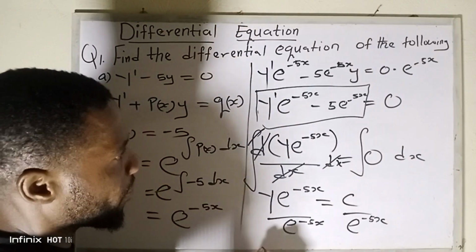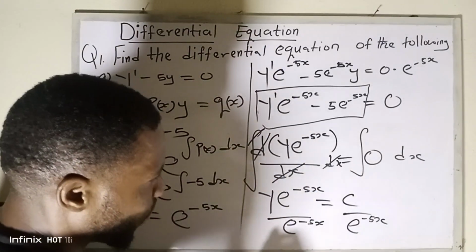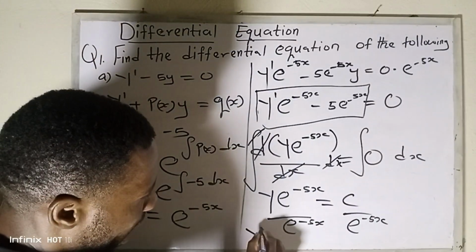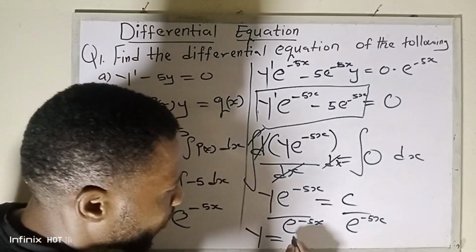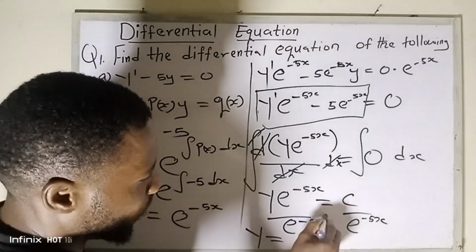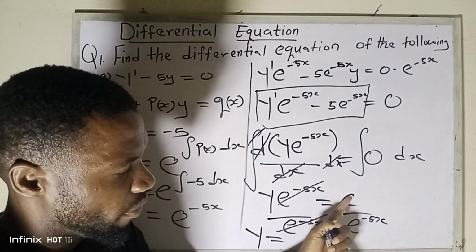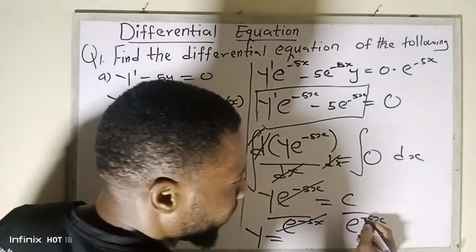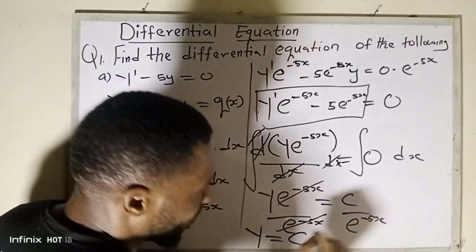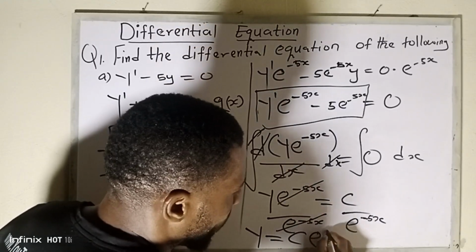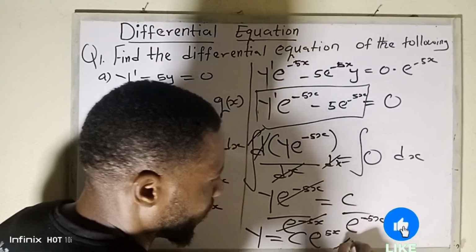So, final answer, y is equal to c exponential 5x, because of the negative sign when we divide.